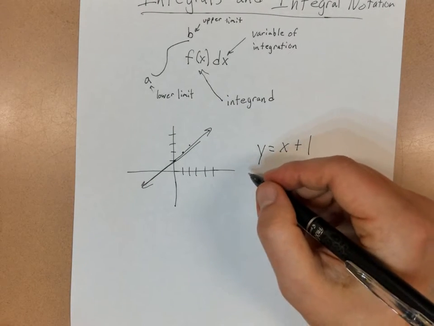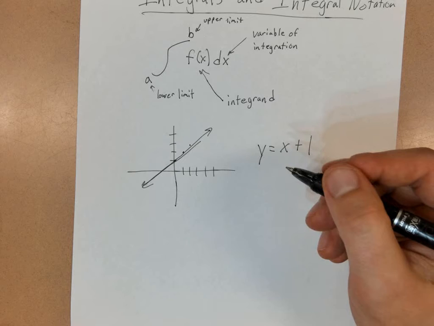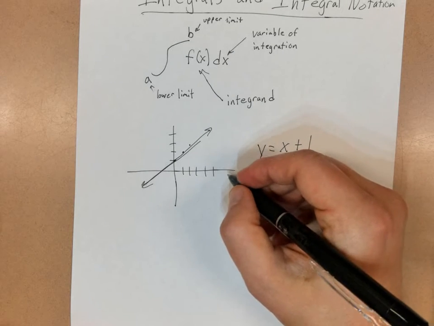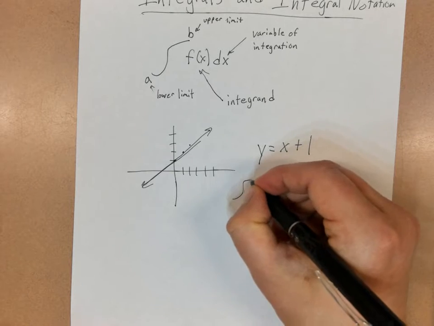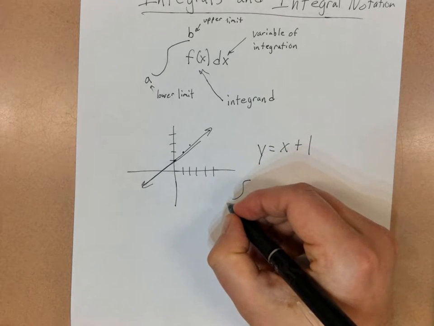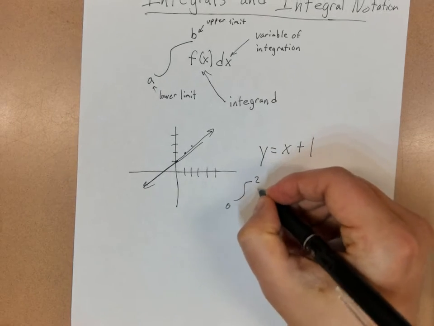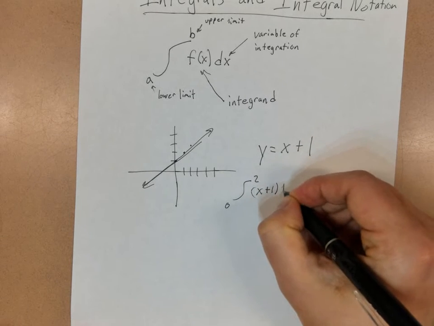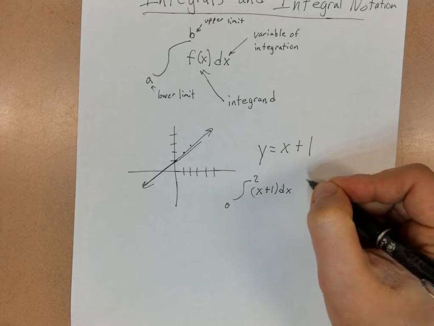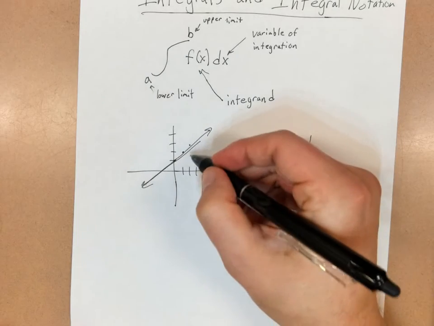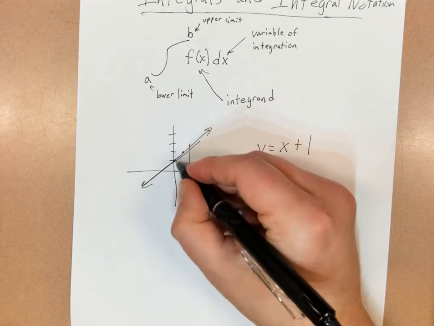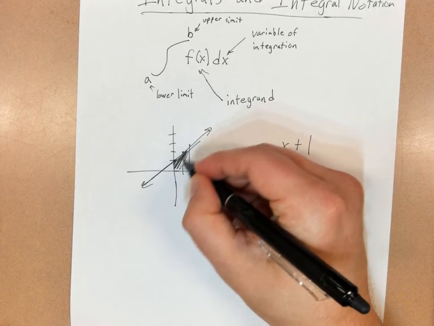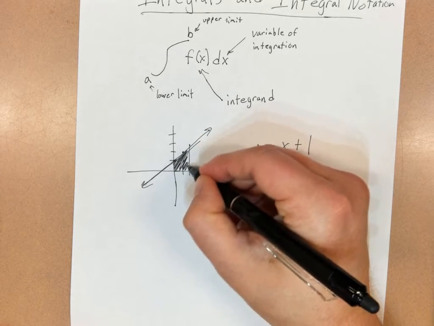So an integral is actually finding the area underneath the curve. For example, if I wanted to find the integral from 0 to 2 of x plus 1 dx, what I'm essentially looking for is the area of that shaded region.